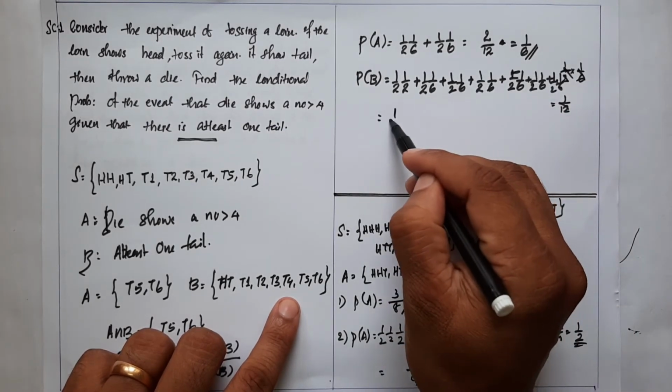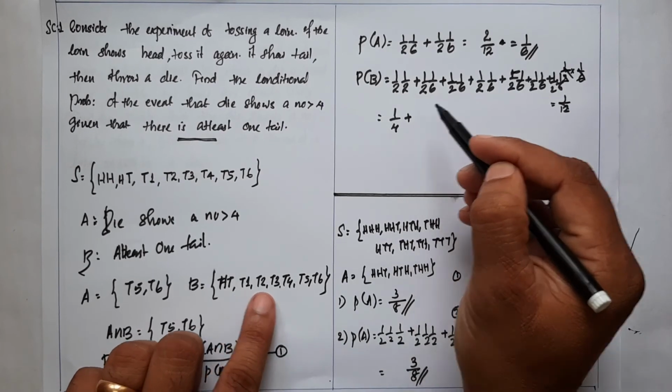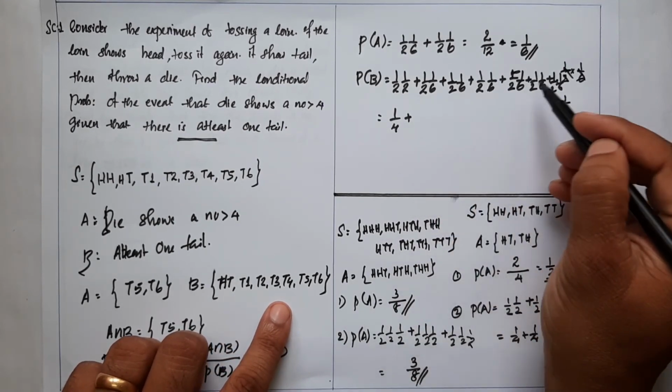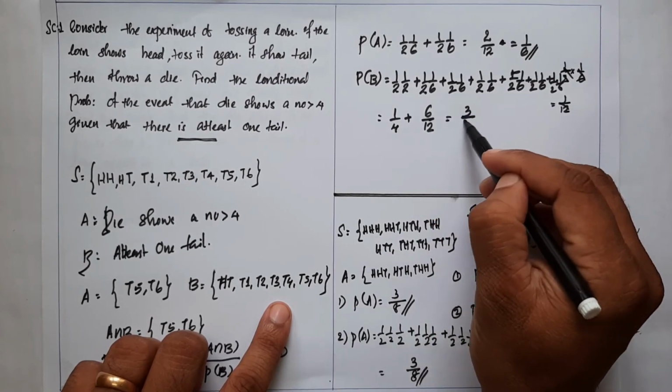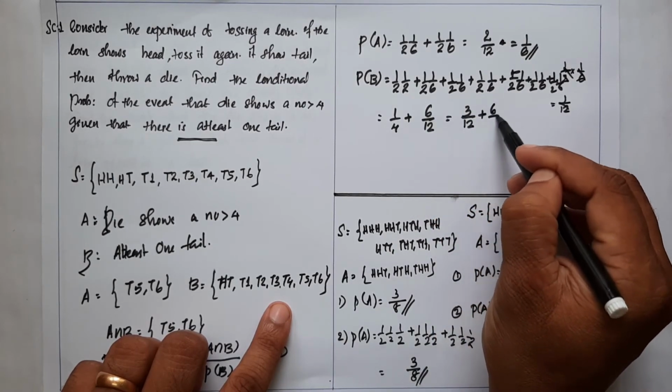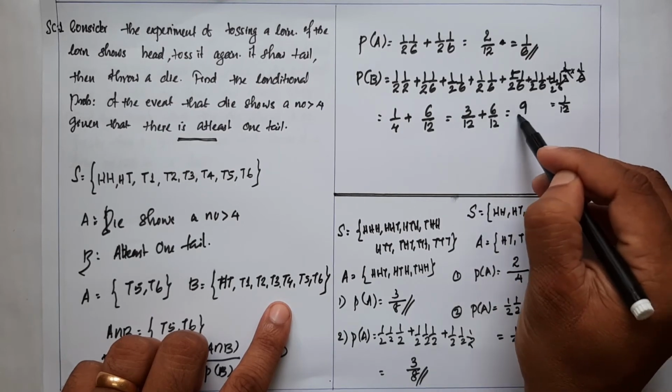That means 1/4 plus these 6 elements, 6 divided by 12, is equal to 3 divided by 12 plus 6/12, we get the answer 9/12.